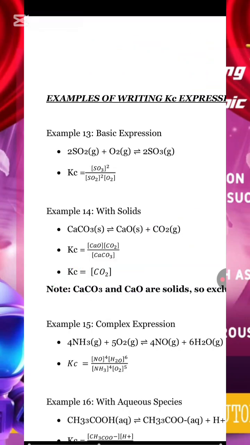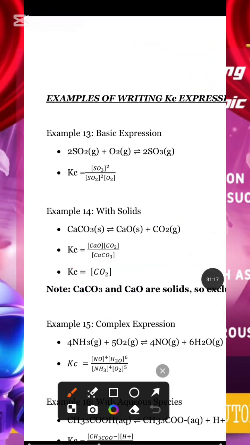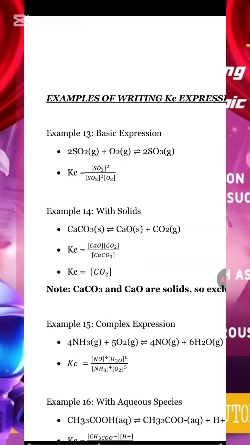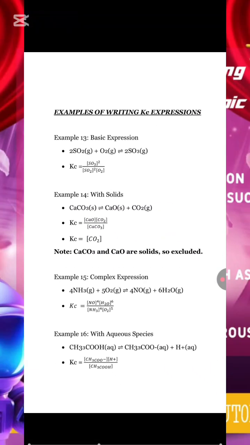What I actually did was first do it the normal way, and after that I saw that this one is a solid and this one is a solid, so I cancel them out of my equation, leaving just CO2 behind. That becomes the final equilibrium constant. You can see I wrote notes: CaCO3 and CaO are solid, so they are excluded from the constant. Now take a look at example 15.